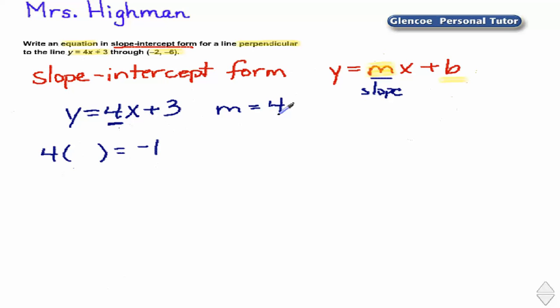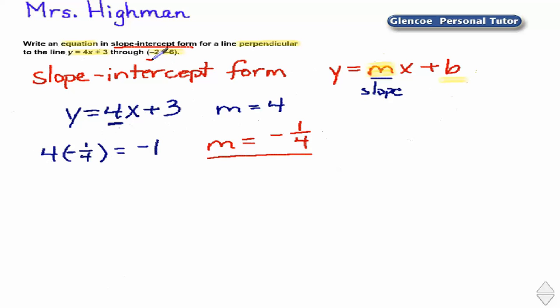So we take 4, the slope of our original line, times something equals -1. It has to be negative, so we get a negative. And 4 times its reciprocal, which is 1/4, gives us 1. So our new slope that we want is going to be -1/4.